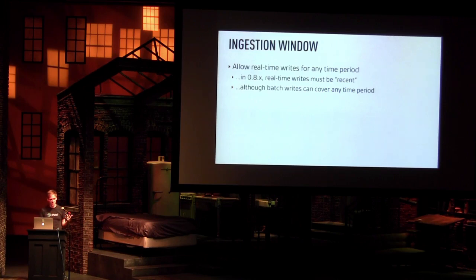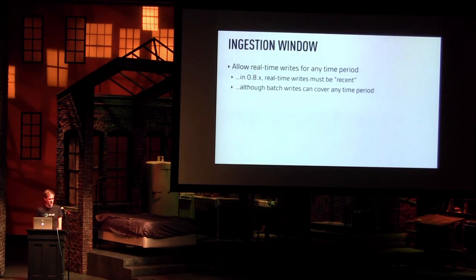They have metrics that they dropped it, and they log when they dropped it, but it's still kind of annoying. You still want to have the opportunity to stream in a historical data file, or just have some server be down for a few days and then come back up and send some old metrics and have those be indexed. So we'd like to support that. Currently, the way to work around that is that Druid's batch ingestion does support any time period, so you can upload that stuff in batches as a backfill.